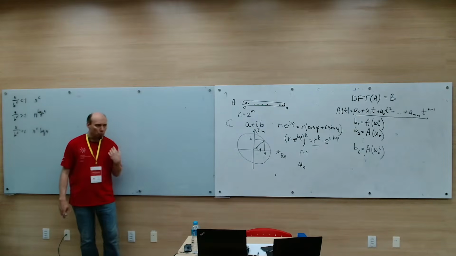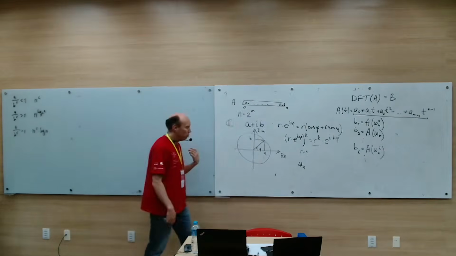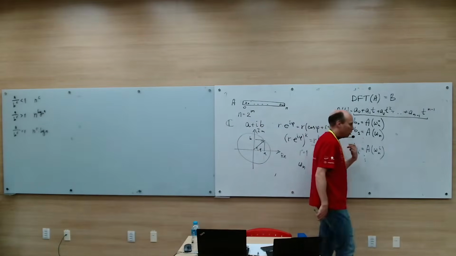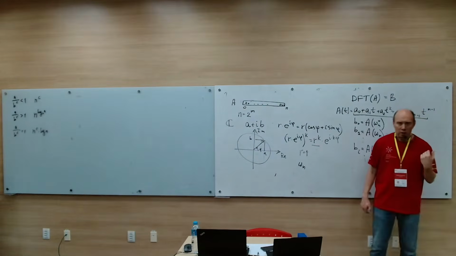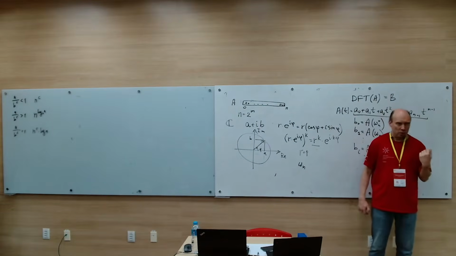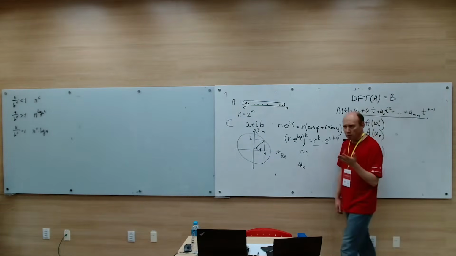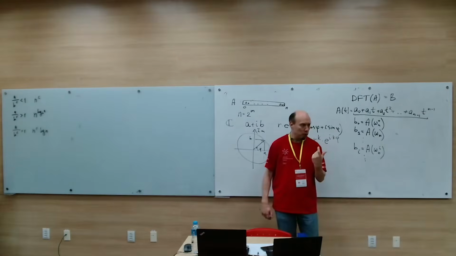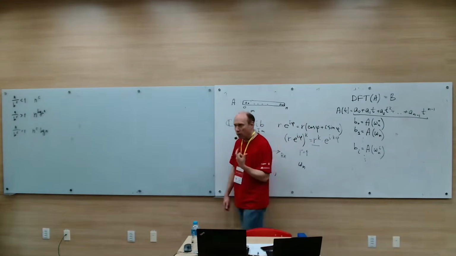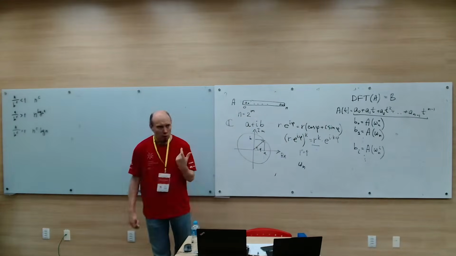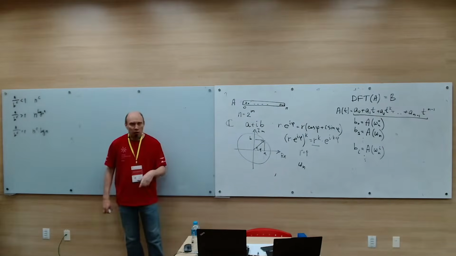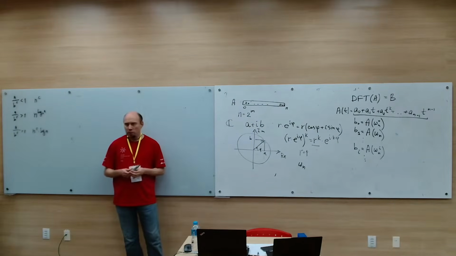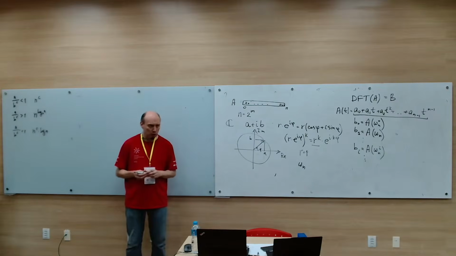How many points do we need? Actually, for a polynomial of degree k, we need k plus 1 points. For example, for a linear polynomial, we need 2 points. There is one line for any 2 points. For a polynomial of the second power, like a quadratic polynomial, 3 points. There is a unique parabola going through 3 points.